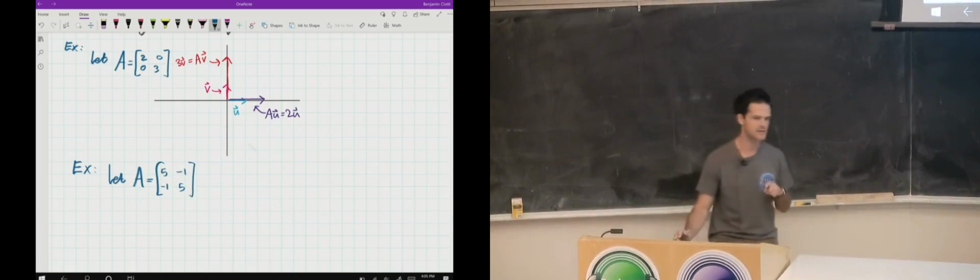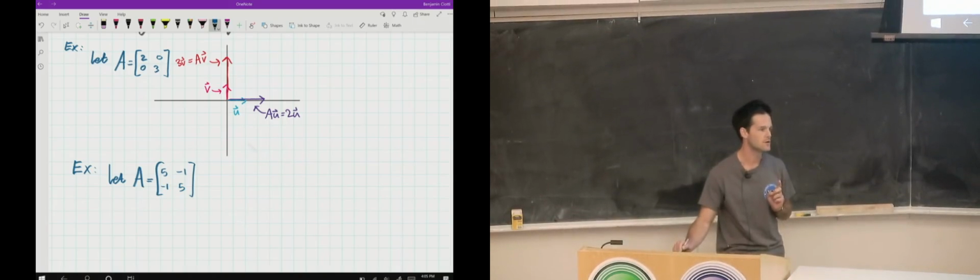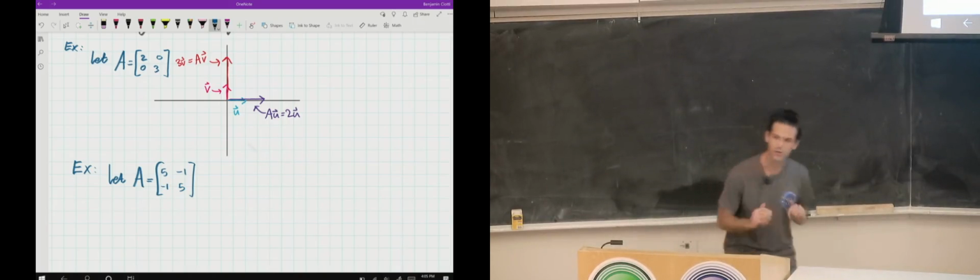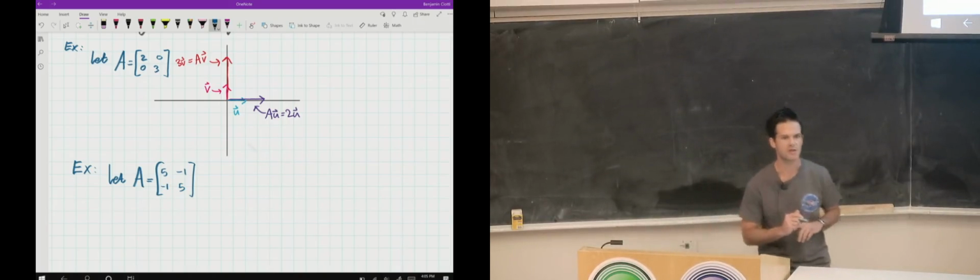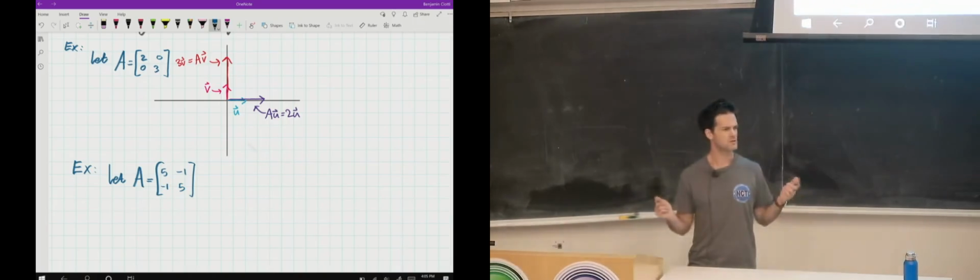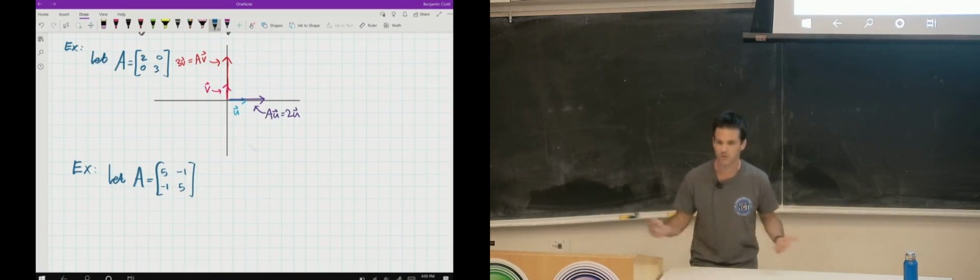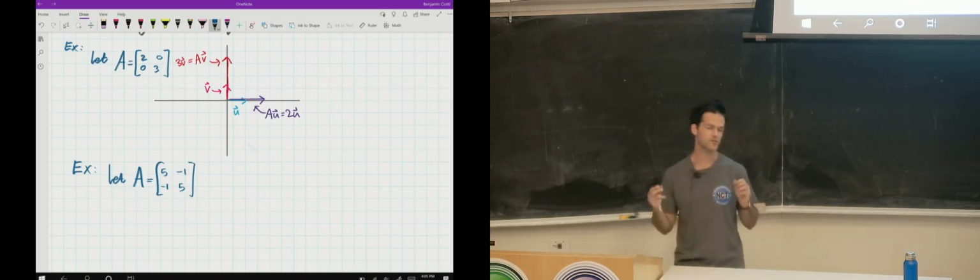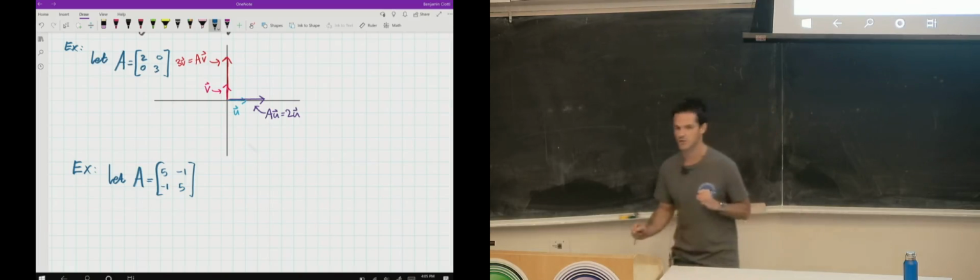With this matrix, it's not so obvious what it does, okay? But you may still want to ask the question, does it stretch shapes in some particular direction? Yes. It does, in fact, and we're going to try to find what those directions are.